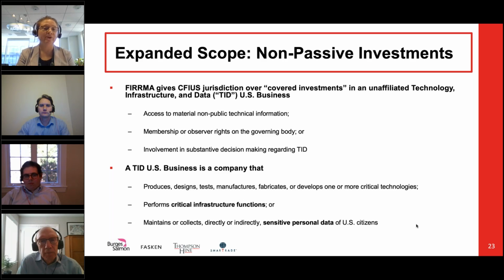And then importantly, and of a lot of interest in the last year or two, are companies that have sensitive personal data of US citizens. This is taking a lot of investors by surprise because it includes software apps, and it includes hotel chains that take reservations, and it includes a lot of companies that have not considered themselves sensitive businesses in the past. It's a key area of interest to CFIUS.